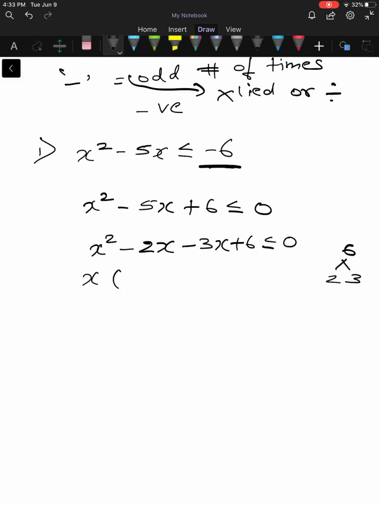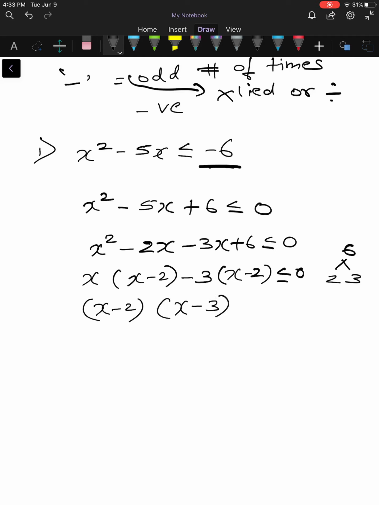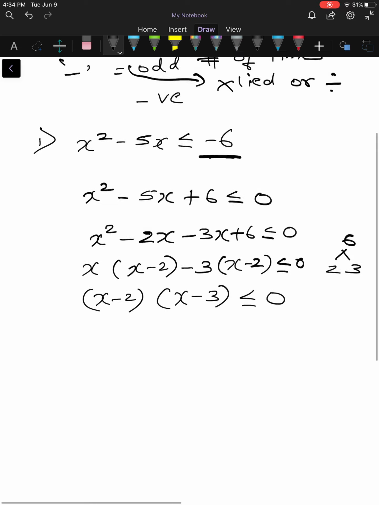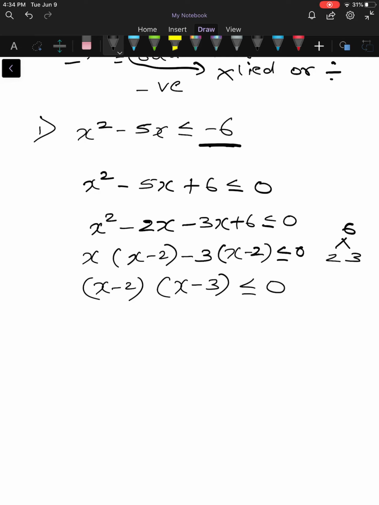Taking x common out of the first two terms, we get x minus 2. And taking negative 3 common out of the last two terms, we get negative 3 times x minus 2, less than or equal to 0. Now x minus 2 is common in the first and second term, and we are left with x minus 3, that is less than or equal to 0. So you can see, I'm not telling you the actual process.